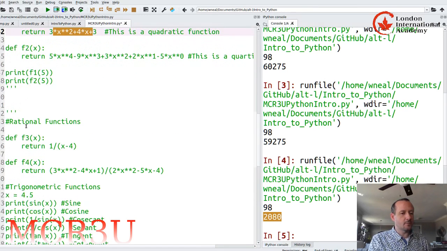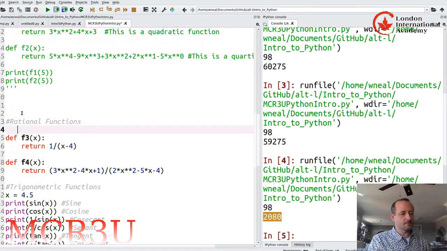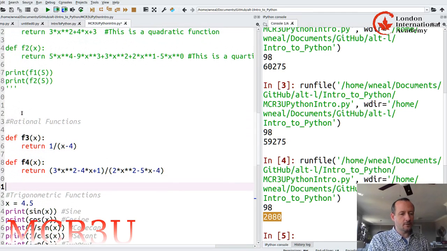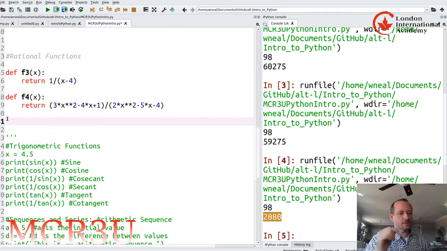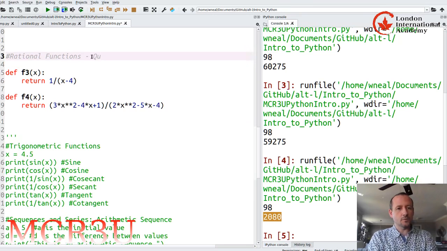So now I'm opening up a new topic here, and I'll calculate two new function values. Right here we have rational functions, and f3 and f4 are two rational functions. Well, what are they? Rational functions are the quotients of polynomials.